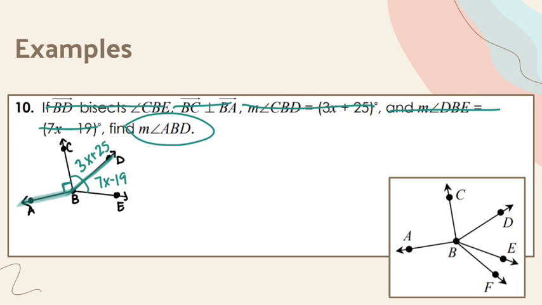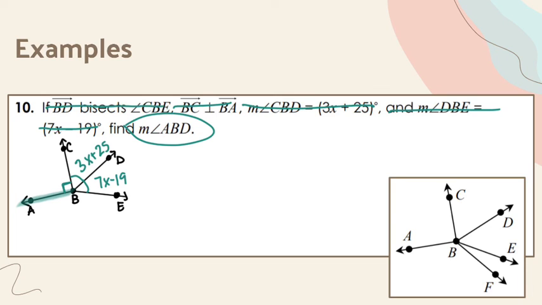So you can probably assume in almost every problem that you're going to have to find x before you can do anything else. But to find angle ABD, first of all, we're always talking about the smaller side of the angle, and it's made up of these two angles. Well, this angle is 90 degrees. We know that because of the box. This angle is this equation, which we cannot figure out until we know what x is.